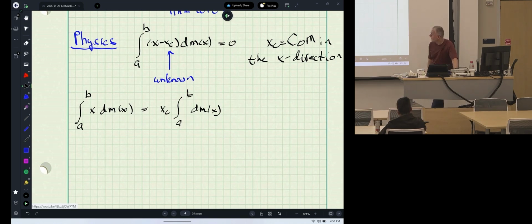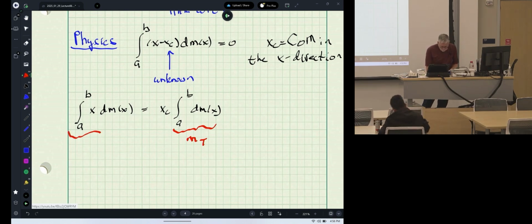And then just like we did with the discrete masses, where I had a sum from i equals 1 to little n on both sides, I recognize this is mt, our total mass.